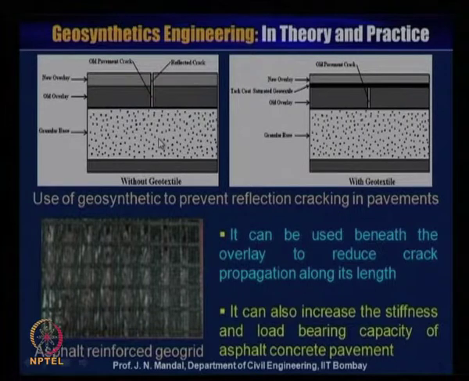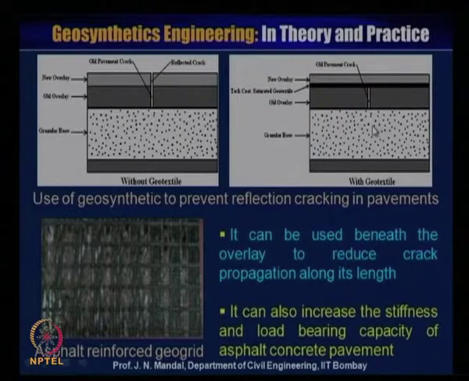So, here you can see this is the granular base, this is the old pavement and this is the new pavement, and then an old pavement crack has formed. You can see how the reflection cracking occurs without the geosynthetic material.